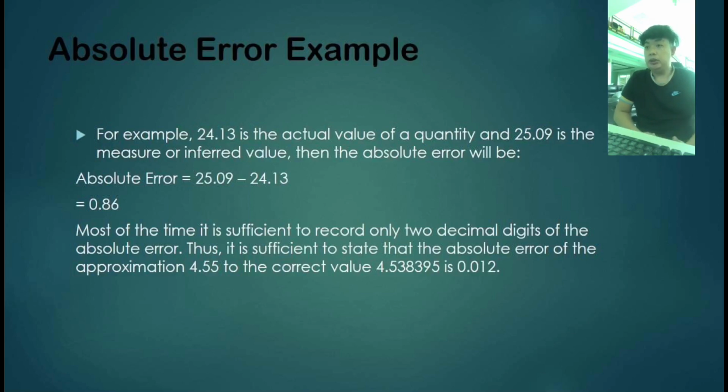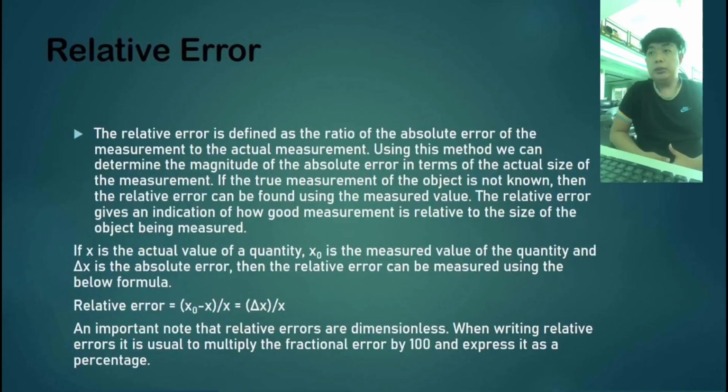Most of the time, it is sufficient to record only 2 decimal digits of the absolute error. Thus, it is sufficient to state that the absolute error of the approximation 4.55 to the correct value 4.538 is 0.012.